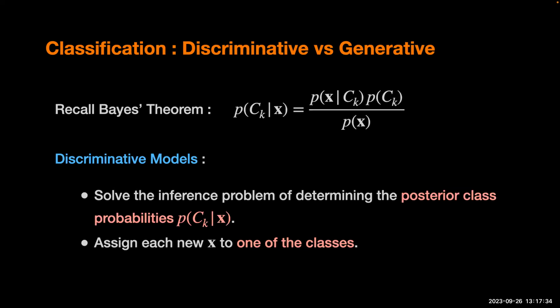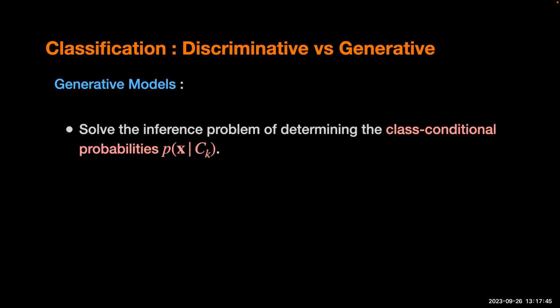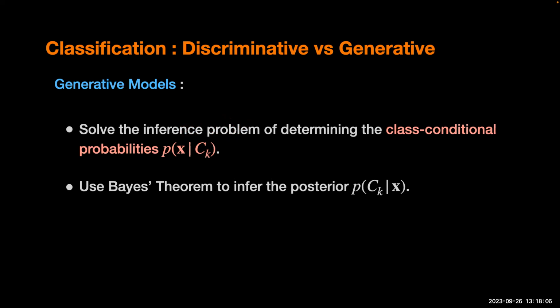But there is a more difficult case that you can tackle, which is called the generative models. The generative model says, instead of studying p(c_k|x), I want to first study p(x|c_k), meaning that given any class, I want to study the distribution of the features or inputs. And because we know that by Bayes' theorem, if I can describe this object, then I can use Bayes' theorem to give me the output.